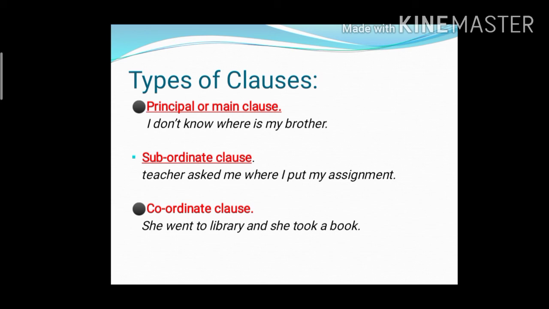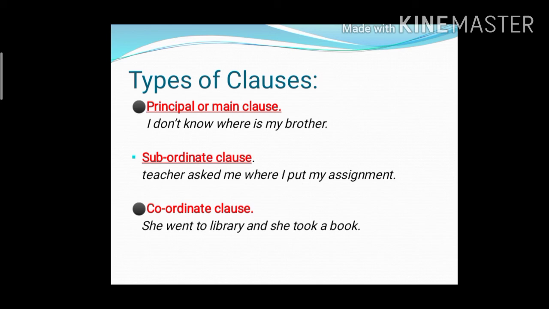Here we have joined two statements: I don't know where my brother is. Here you will notice that our first statement, I don't know, stands by itself alone and conveys a complete meaning. So here it should be referred to as the principal or main clause.